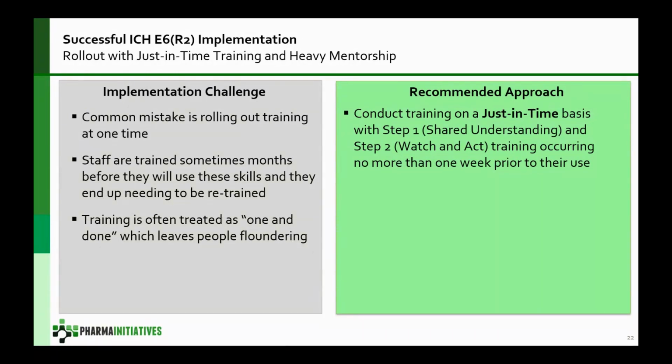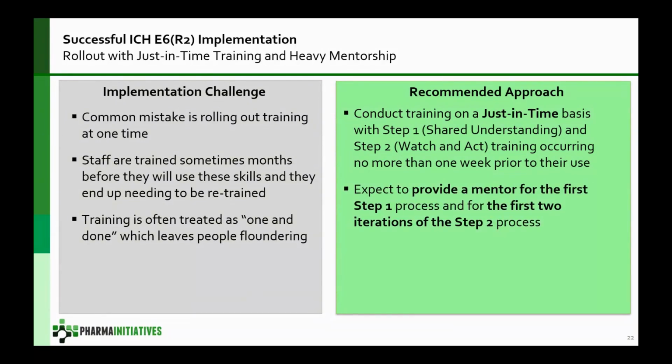As people start using the system, you train them. But you need to do it in two parts, step 1 and step 2. I'll talk in a second about why you need to do it in two parts, but you need to do just-in-time training about a week ahead of each of those two parts. And then you really got to provide a mentor for the first step 1 process and for the first couple iterations of the step 2 process.